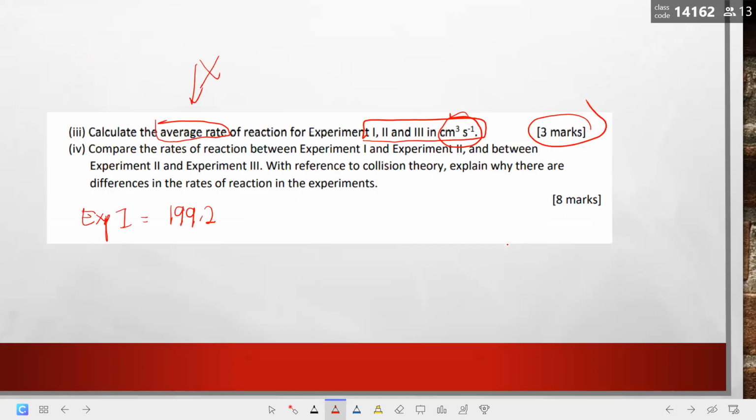Okay. Now question is, compare rate of reaction between, first of all, 1 and 2, 4 marks. And then 2 and 3, 4 marks. Use collision theory. Tell me why there is a difference in the rate of reaction between experiment 1 and 2, and then between experiment 2 and 3.